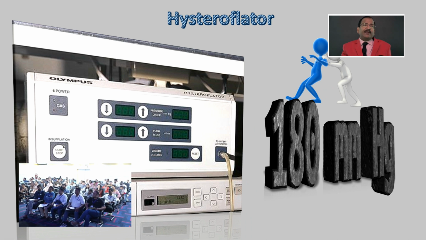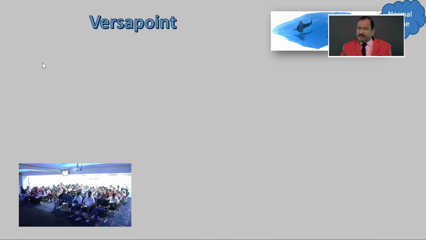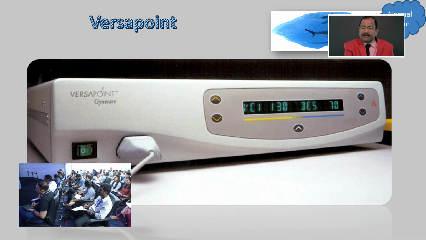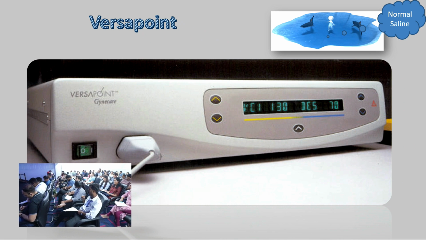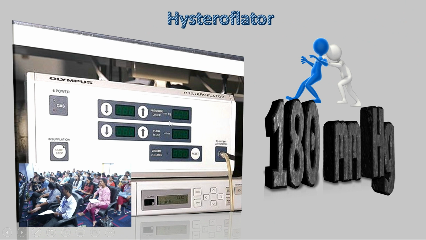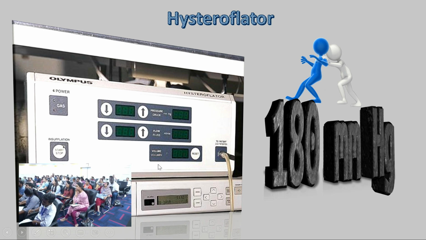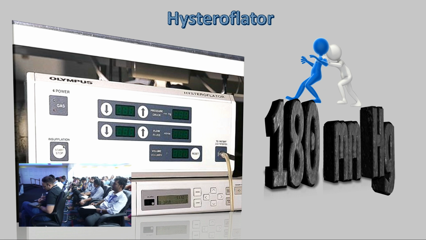It will take care of the fluid and the pressure. In this fluid insufflator, input and exit are both controlled, gas and fluid both you can use, CO2 also and fluid also. And at the end of the procedure, it will give you the fluid deficit.